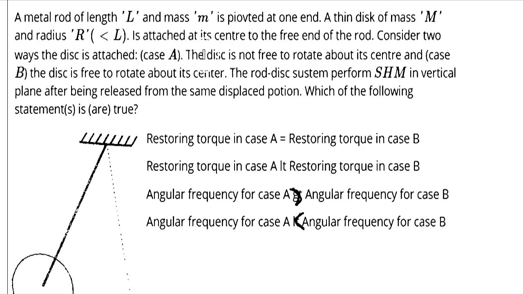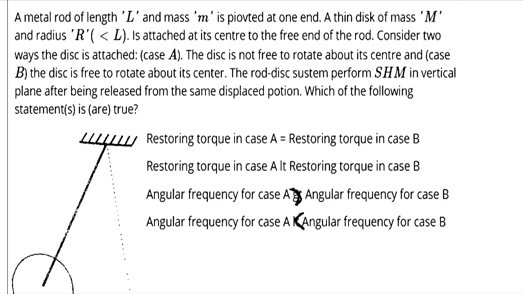Case A, the disk is not free to rotate about its center, and case B, the disk is free to rotate about its center. So in the first case, this disk can't rotate about its center, and in the second case it can rotate. The rod-disk system performs SHM in a vertical plane after being released from the same displaced position. Which of the following statements are true?